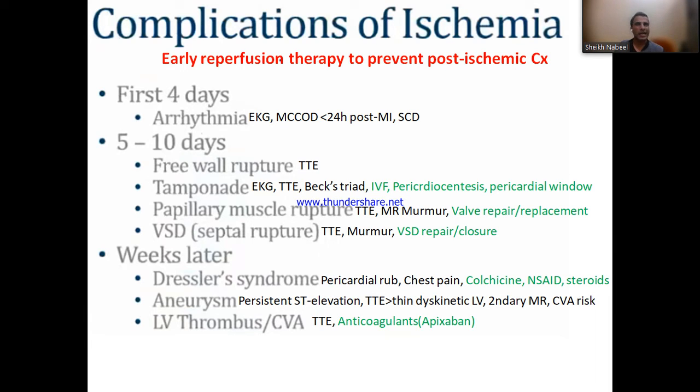And in case of NSTEMI or unstable angina, you have to perform the reperfusion therapy within 24 hours. Okay, and in case of stable angina, although the medications are enough, you still can perform percutaneous coronary interventions. But even if you don't perform this intervention in case of stable angina, the patient is still safe.